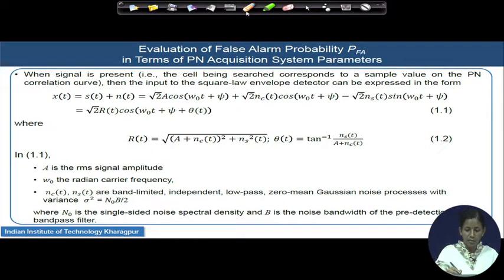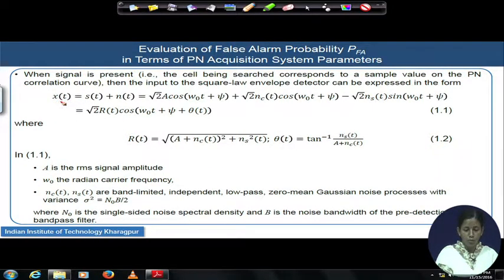So, once my signal is present, my input signal to the square law detector is S(t) plus N(t). S(t) I can express as square root of 2 A cos(omega naught t plus psi), and N(t) has a cos as well as a sine component, because it is a complex noise getting added.